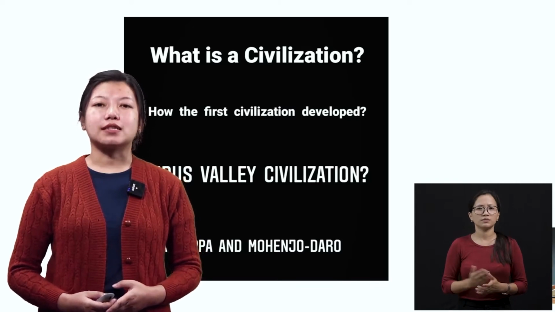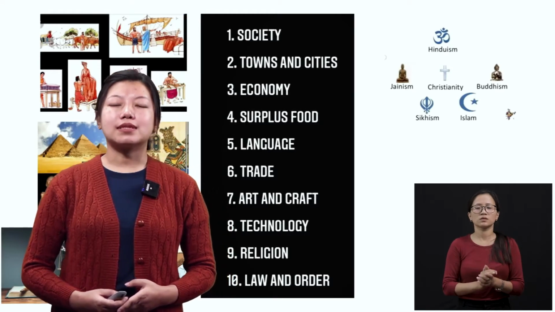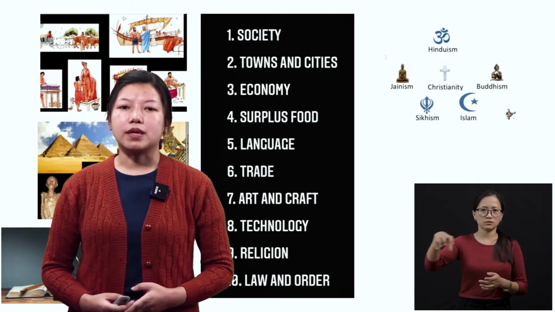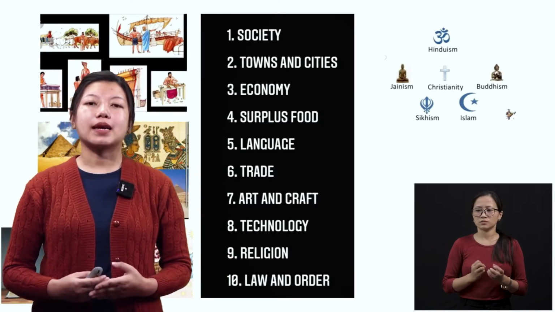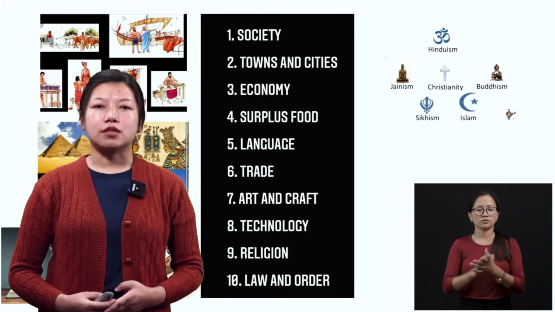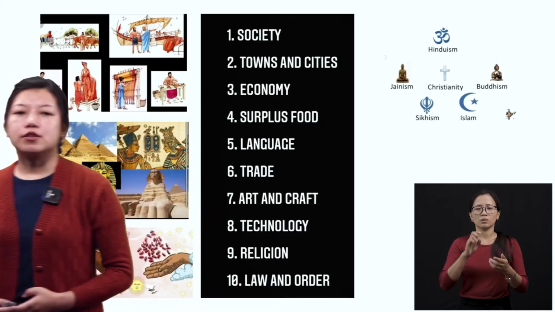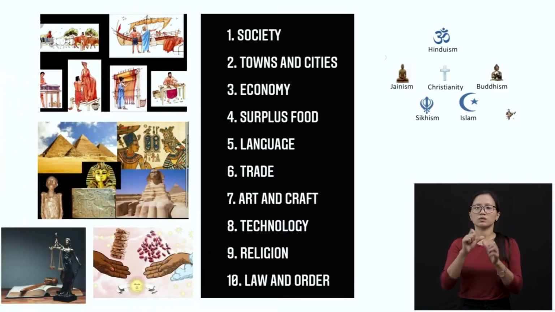So, in a civilization, there were society, towns and cities, economy, surplus food, language, trade, art and craft, technology, religion, law and order. So here with these pictures, I'm sure you will be able to relate to what I've explained in the previous class.